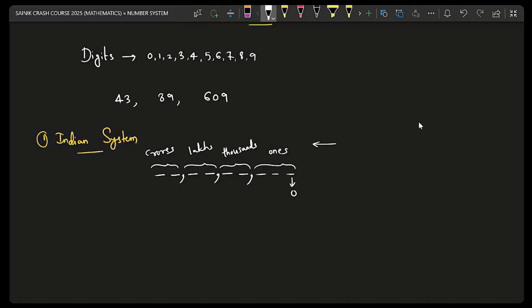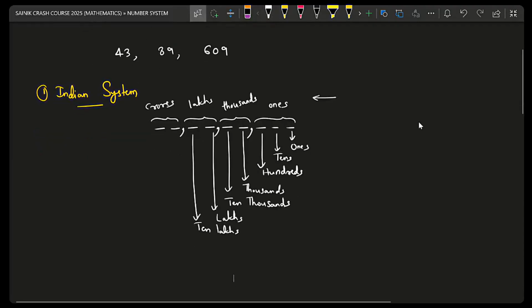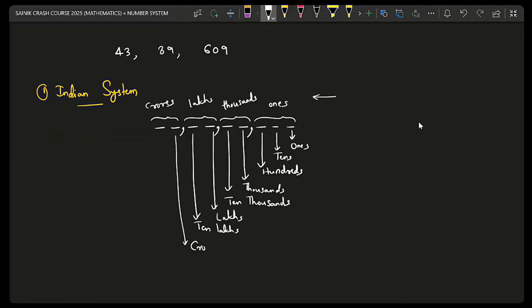This is ones place, this is tens place, this is hundreds place, and in thousands period, we have the places thousands, 10,000s, and in lakhs period we have two places, lakhs place, 10 lakhs place, and in crores period this is crores place, and this is 10 crores place. So maximum of 9 digits you have in your syllabus.